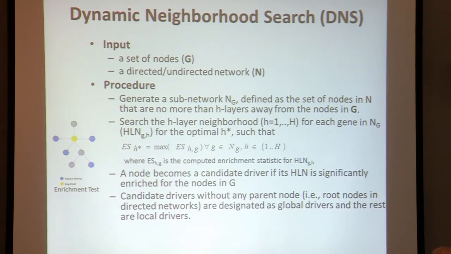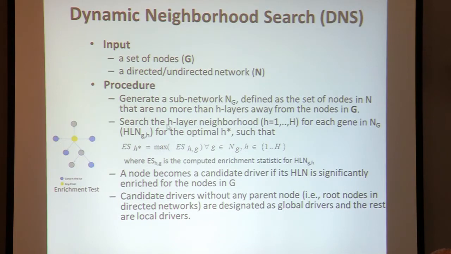So we limit the search within the neighborhoods surrounding the input gene list. And then we search for the optimal layer whose neighborhood is most enriched for the input gene list.